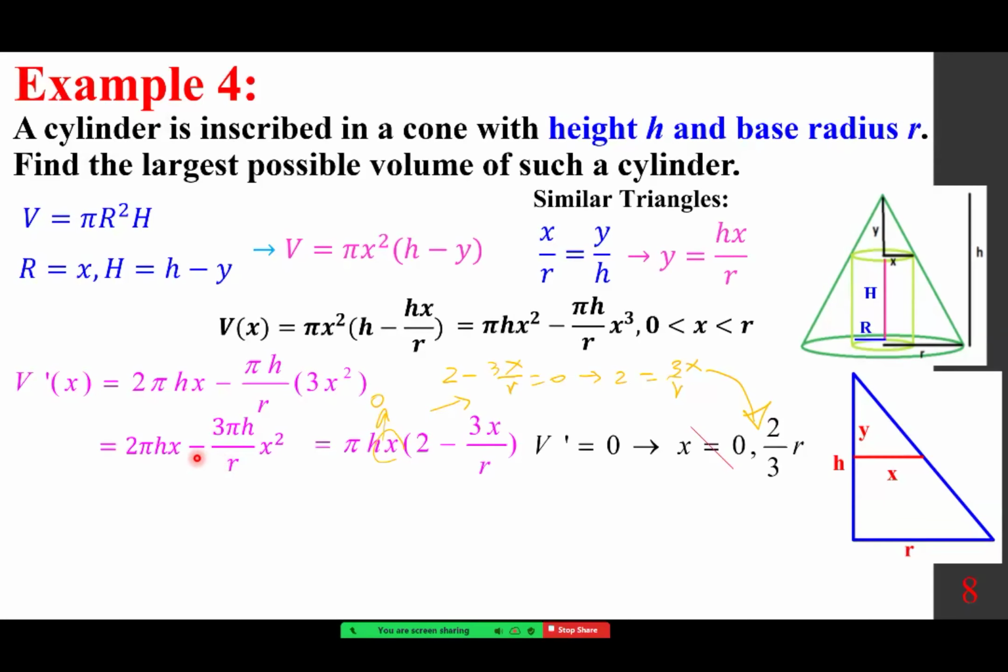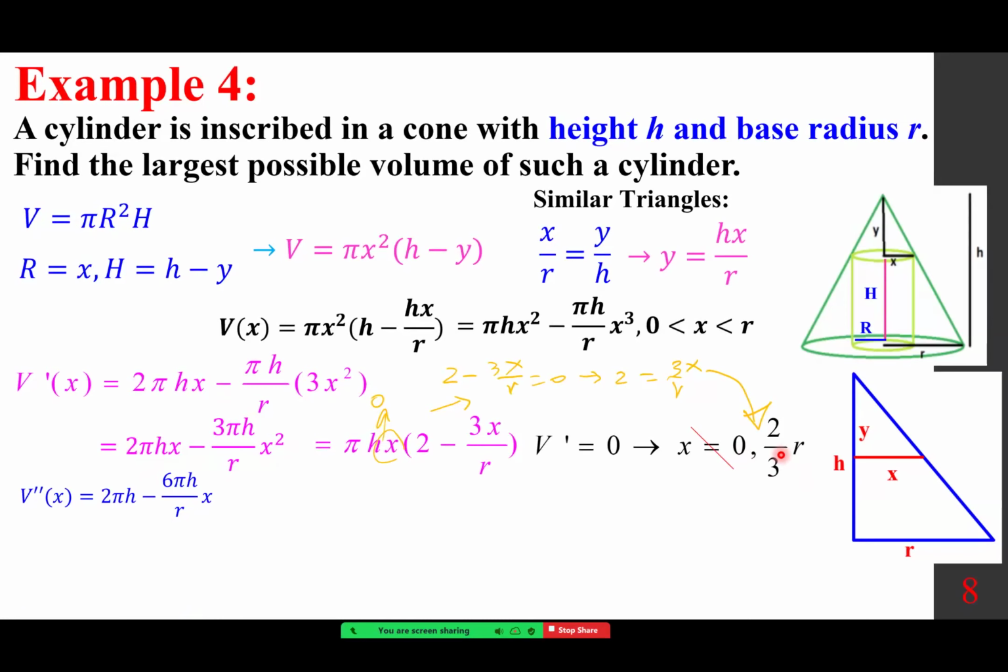We are going to differentiate it again. So this becomes 2 pi h. This is minus 3 pi h over r, a number remains, times 2x. So this is 2 pi h. And then when we multiply this one by 2x, we get 6 pi h over r x. And we have to evaluate this when we have 2/3 r to see if it's positive or negative.